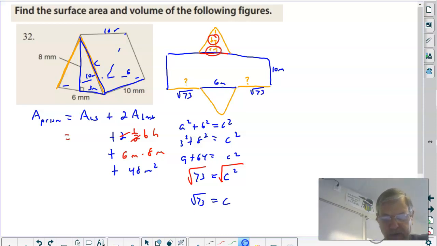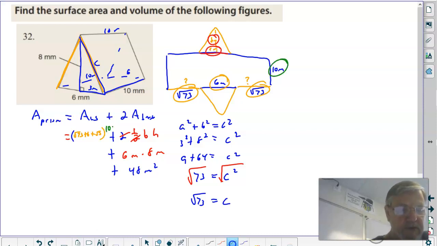Okay, area of the lateral surface. So watch, I have to add square root of 73 plus 6 plus square root of 73, times the height of the lateral surface, 10 meters. All right, I'm just going to use my calculator. Going to punch in the square root of 73. It's 8.5.